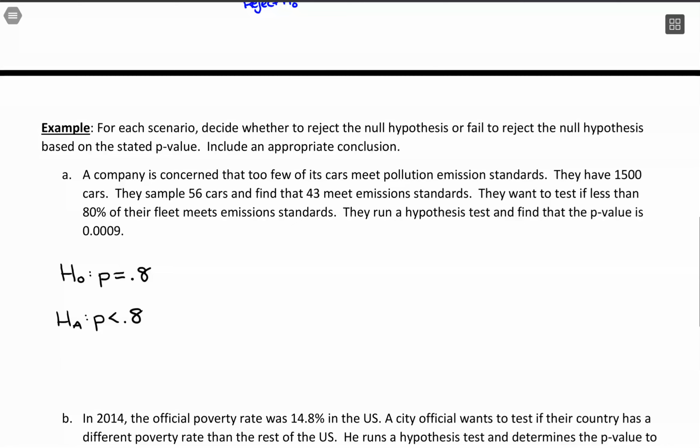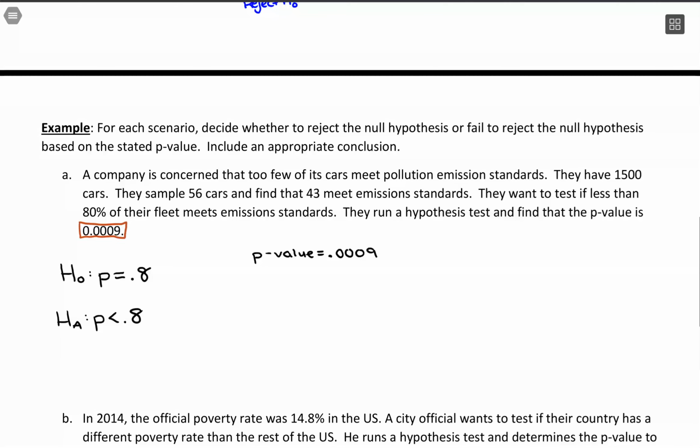What we're going to use here is the fact they're just giving us the p-value. So let's just skip to the evaluation stage of this. So our p-value is 0.0009. Very small p-value. But what we want to do here is prove that it's small enough.